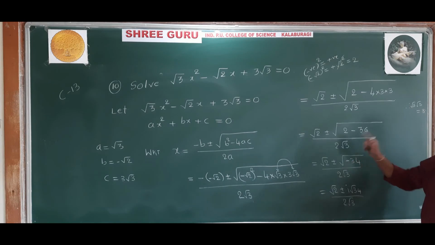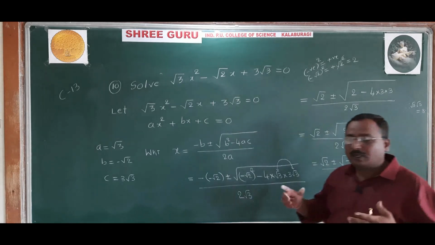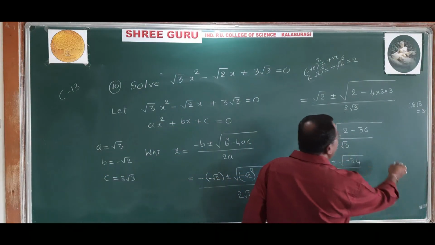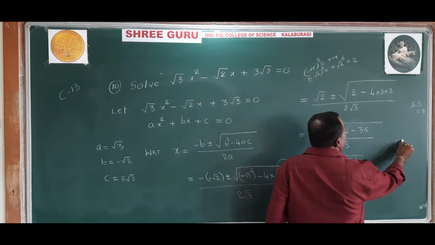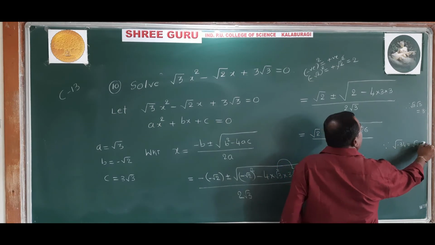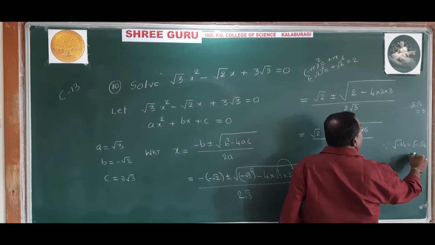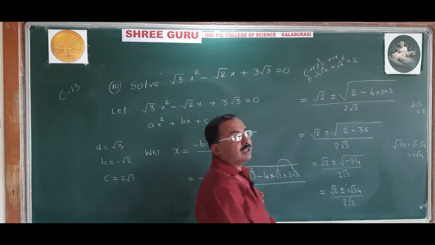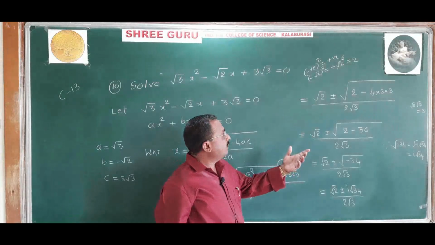Minus 34. Negative outside, imaginary i, because root of minus 1 is what? i. This can be written as root of minus 34 equals root of minus 1 times root 34, that is i times root 34. Root of minus 1 value is imaginary i. Understood?